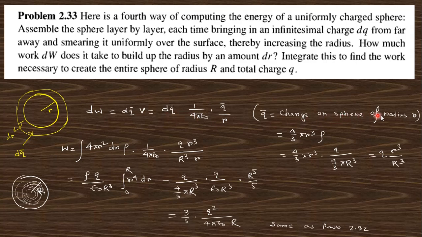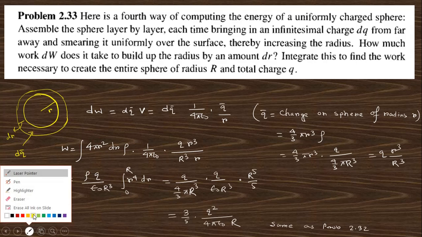The q bar is the charge of this sphere, so it is 4/3 pi r cubed into rho, where rho is the charge per total volume. You will get the value of q bar, that means the charge at that instant. And dq bar is nothing but the charge placed in this region, that is 4 pi r square dr, the volume, into rho.